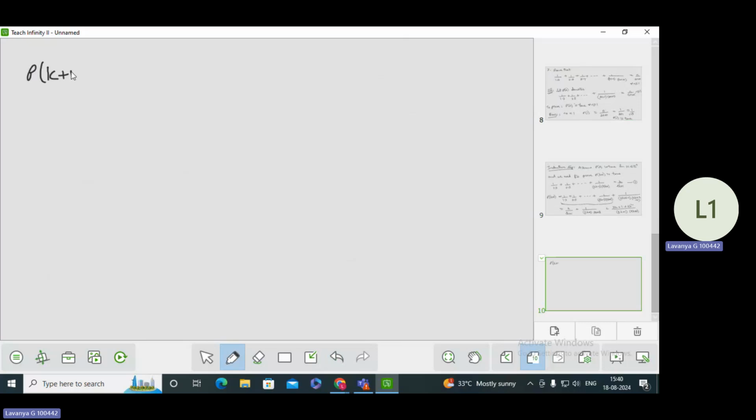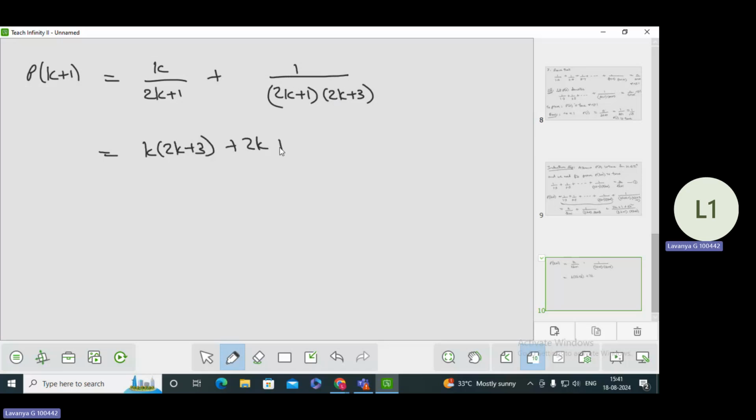So my P of k plus 1, just for our recollection, I had k divided by 2k plus 1 plus 1 divided by 2k plus 1 into 2k plus 3. So this is k into 2k plus 3 plus 1, taking LCM, divided by 2k plus 1 into 2k plus 3.